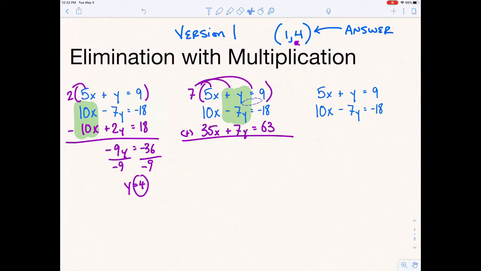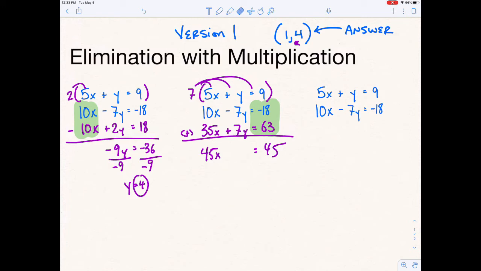I'm going to take my 10x and 35x, and add them together to get 45x. I'm going to take my negative 7y and positive 7y and add them together, and that gives me 0. And I'm going to take my negative 18 and positive 63, and 63 minus 18 is 45.